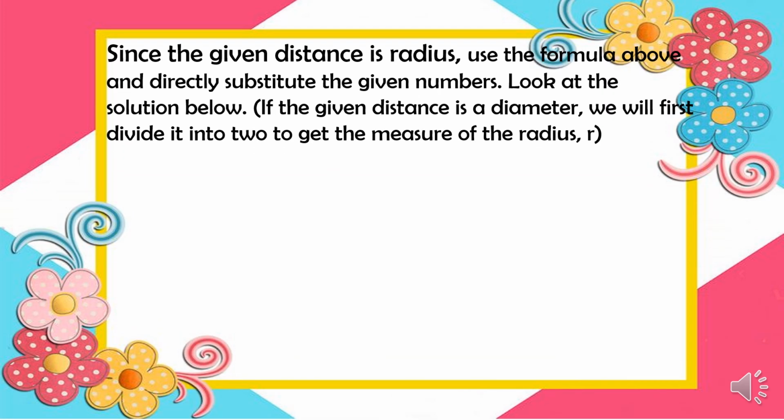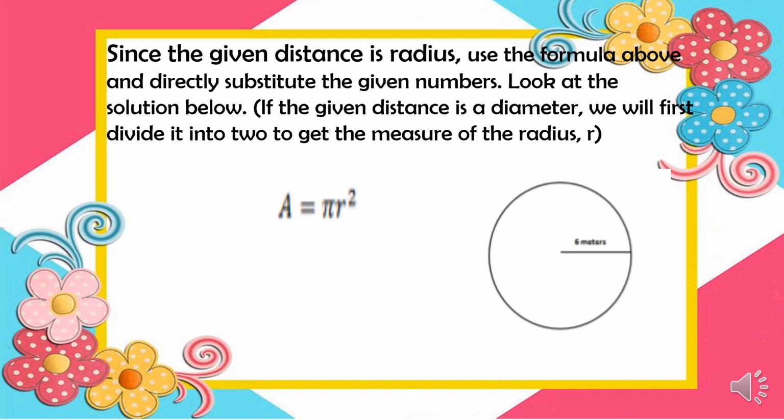Since the given distance is the radius, use the formula above and directly substitute the given numbers. Look at the solution below. If the given distance is a diameter, we will first divide it by 2 to get the measure of the radius, which is the r.